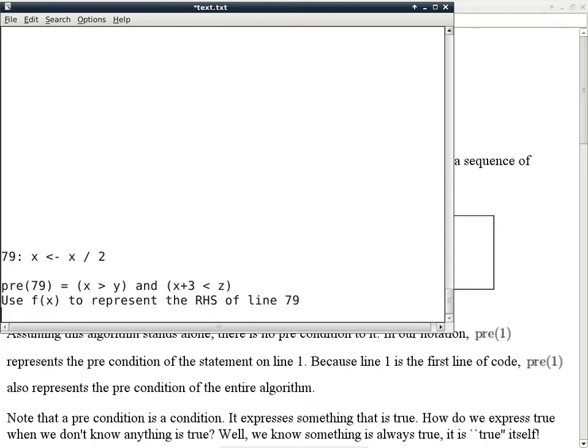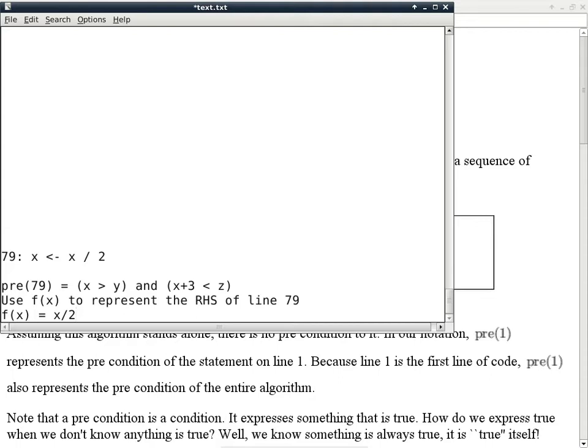So in this case, what is f of x? It's just x divided by 2. In other words, I'm using f of x just as a notation, so that we don't refer to just x divided by 2. I just say it's f of x.